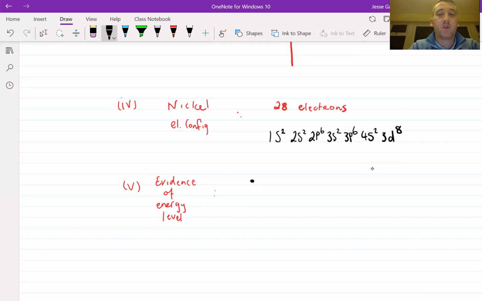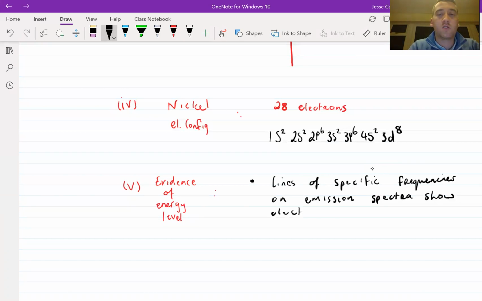Well, it's the fact that we can only have lines of specific frequencies on emission spectra. These show electrons can only have specific values of energy.